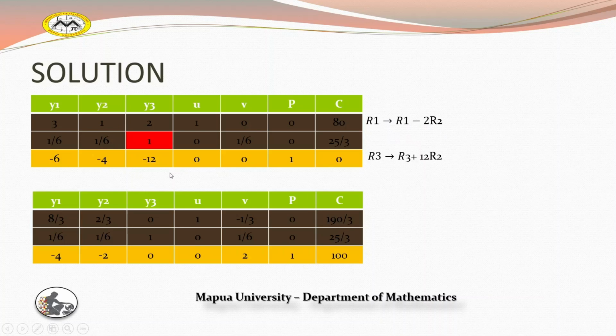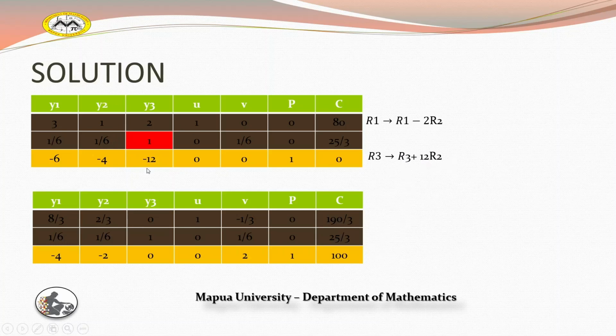For the elements in row 3, since we have negative 12 here to be converted into 0, our elementary row operation with respect to the pivot element is that row 3 is replaced by row 3 plus 12 times row 2.